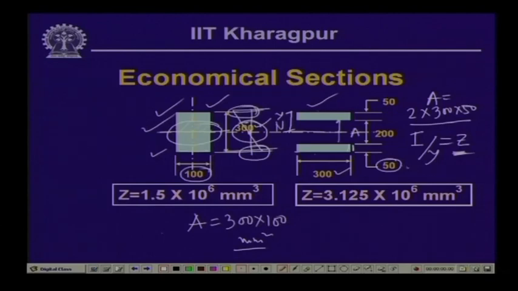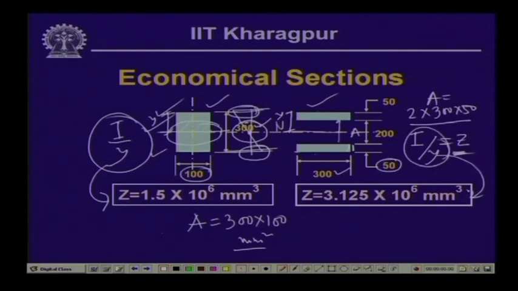Now, if we compute I in this particular case and divide this by this extreme distance y, and compare the value of I by y in the two cases, you will see that when the segments are a distance apart from the neutral axis, we get a value of z which is almost more than 2 times of this value. So, this shows that if we can concentrate the mass away from the neutral axis, then we can get the larger contribution in the moment of inertia.